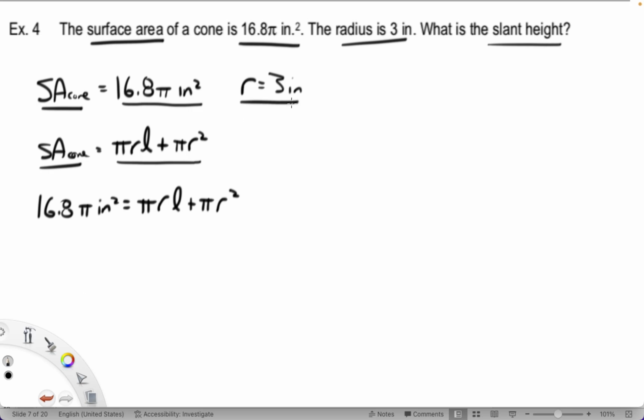And we know that r is 3, so let's rewrite that as 16.8 pi square inches is going to equal pi times 3 inches, there I'm just substituting in my r, times L, plus pi times 3 inches squared.